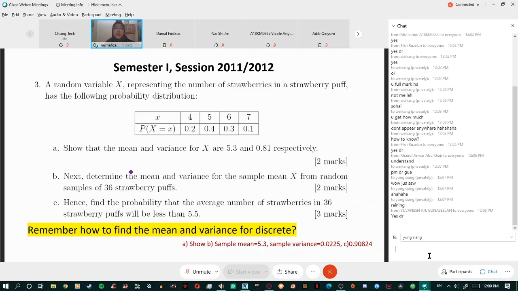Okay, and then for this question, for A, they ask you to find the mean and the variance for the random variable x. They want you to show it. They already gave you the values of 5.3 and 0.81. So how do you find these for the random variable x? You need to remember how to find the mean and the variance for a discrete variable.